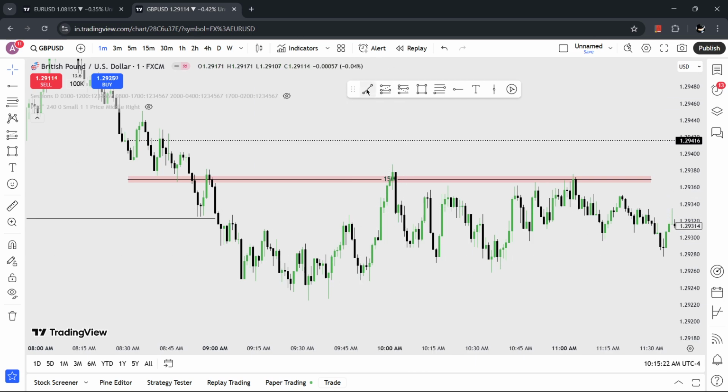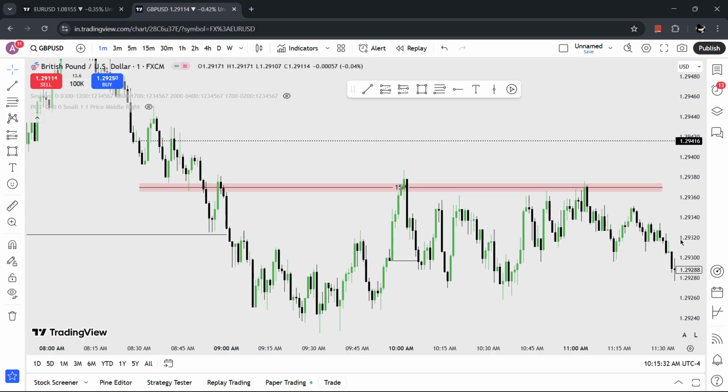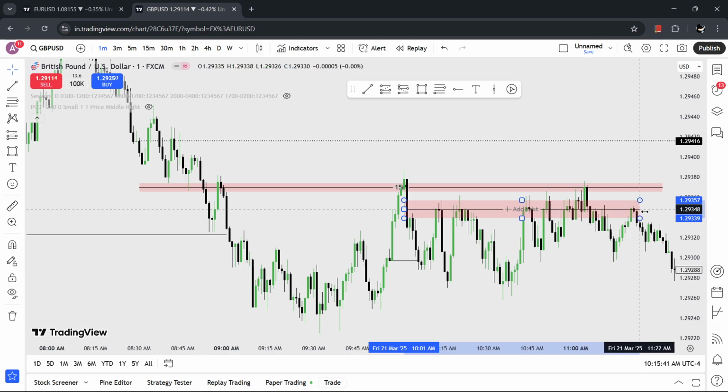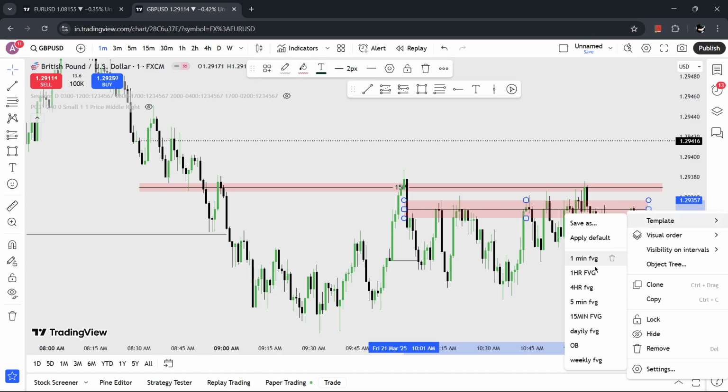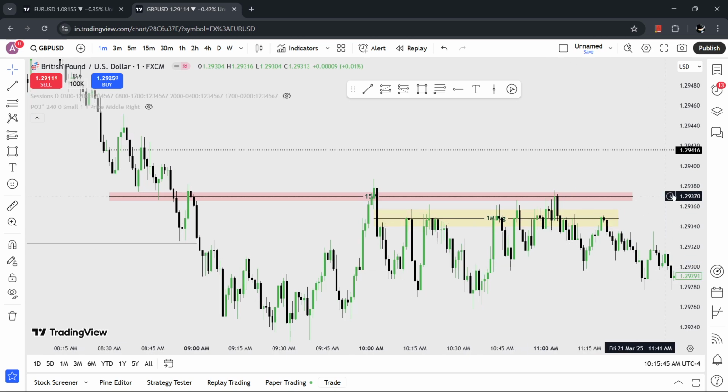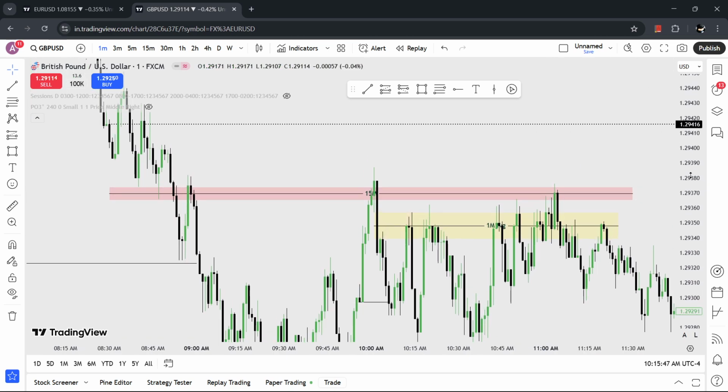But this down close candle indicates a minor short term structure shift. And the price movement was also fine. It created this 1 minute fair value gap. Okay, this is what I don't like on GU.